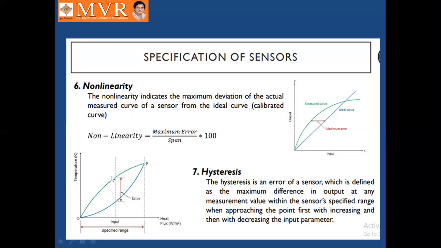As per theory, it should be reversed along the same path while cooling. But in a practical situation, that is not possible. The difference between these two curves we call hysteresis.